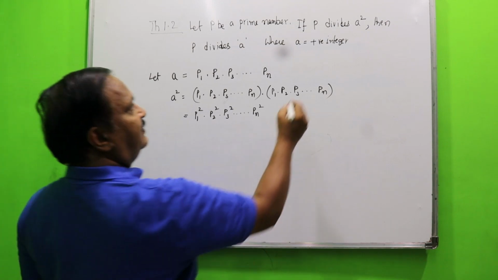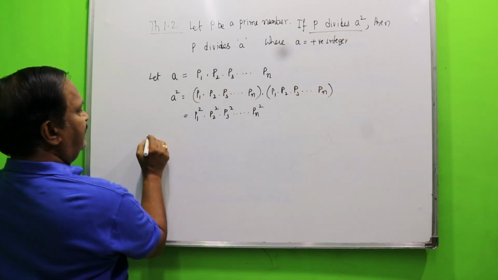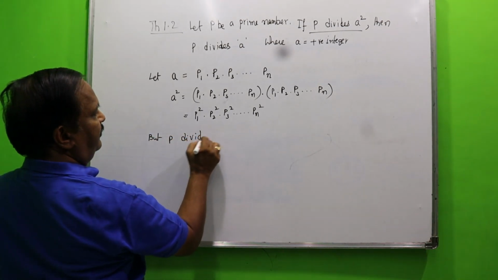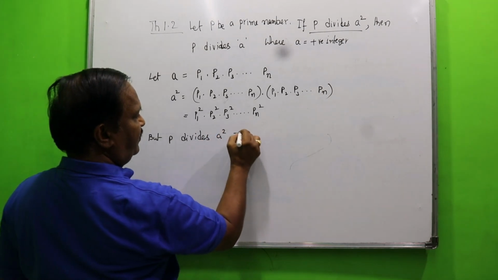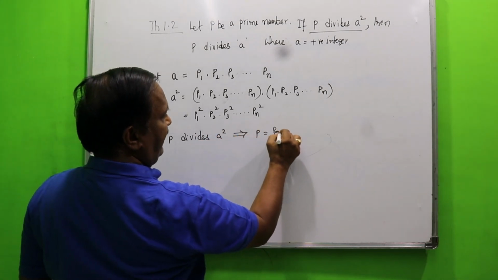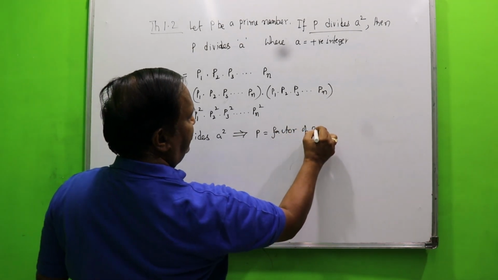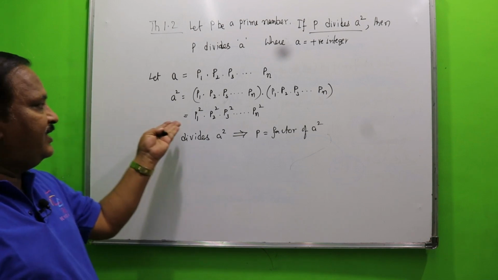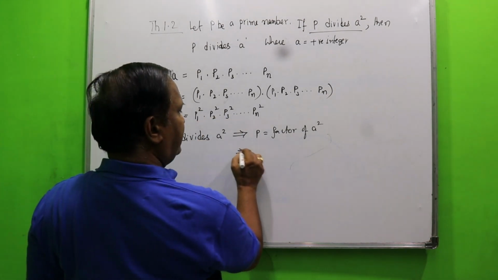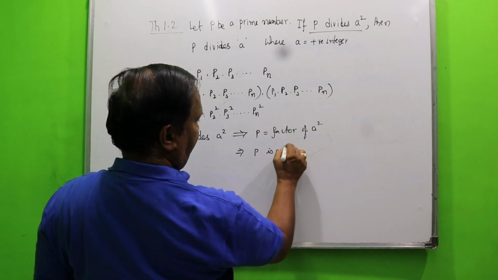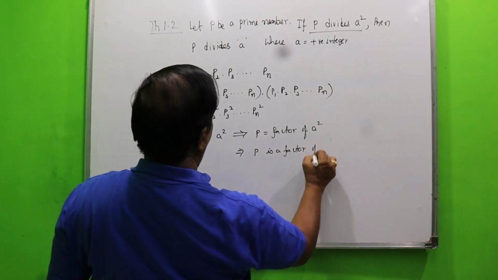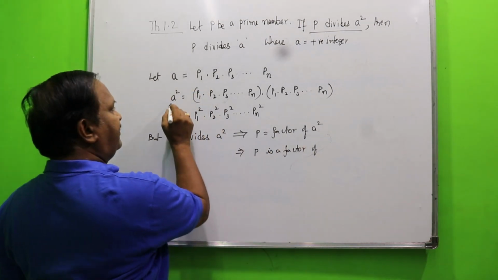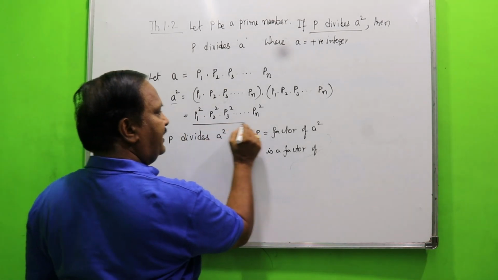So what is given here? P divides A square. That implies what happens? P is a factor of A square. A square is equal to this. That implies P is one of the factors, because if P is a factor of A square, then P will be there in this.